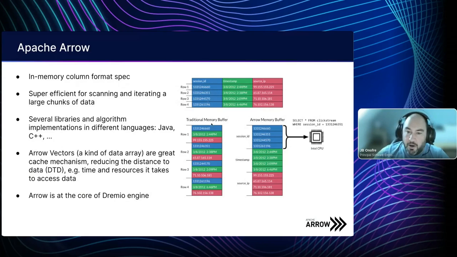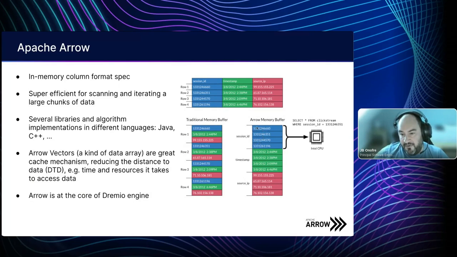And you can see that normally in a traditional memory buffer, you have the rows organized with first the session ID, then the timestamp, then the source IP, which is not super efficient when you have to scan or interact with a large chunk of data. The Arrow memory buffer uses another approach, which is column-based.